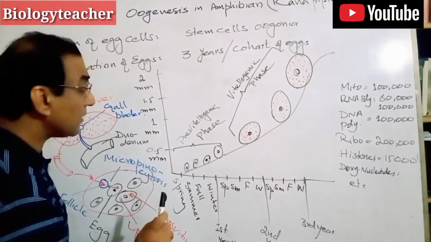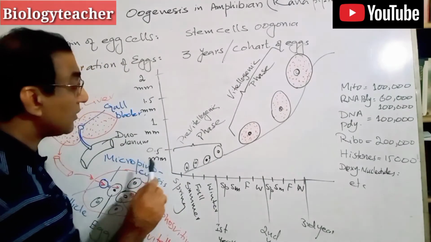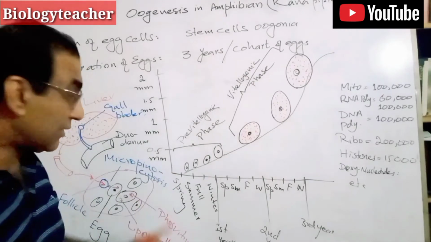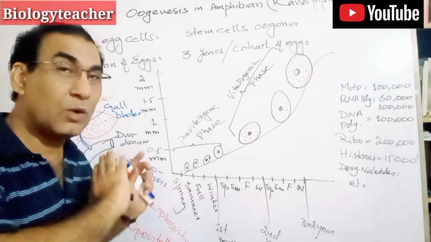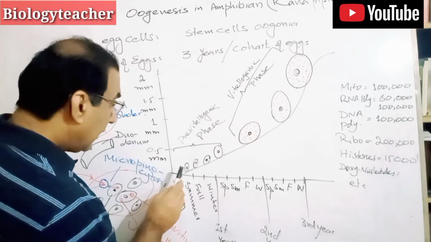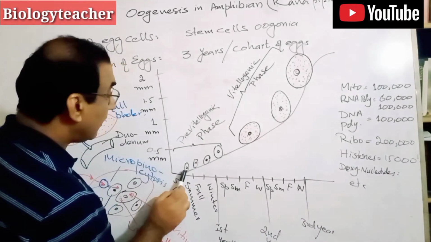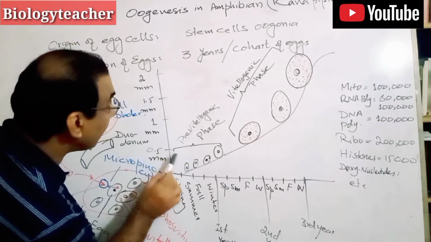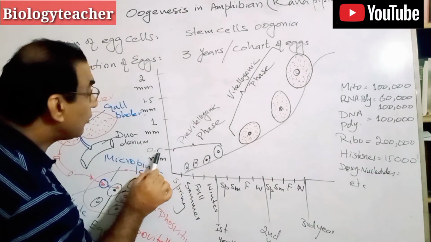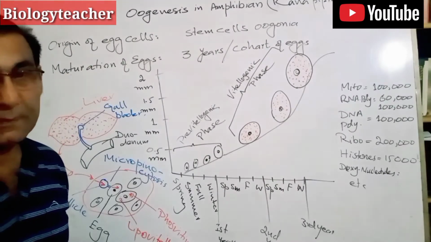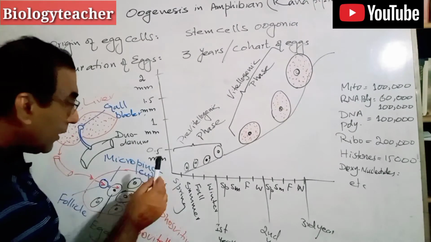So now let us suppose this is one egg out of that cohort of the eggs. It is lesser than 0.5 millimeter.